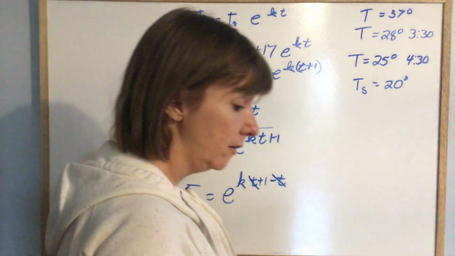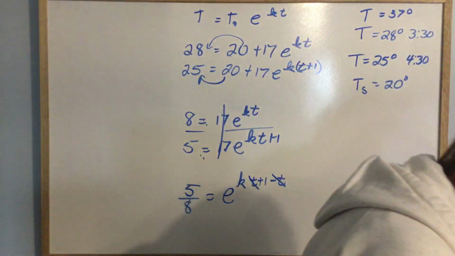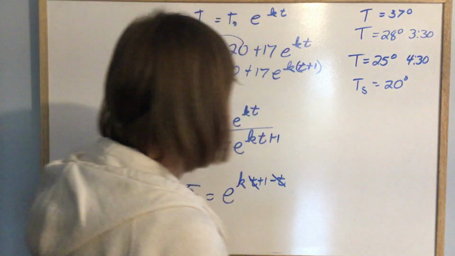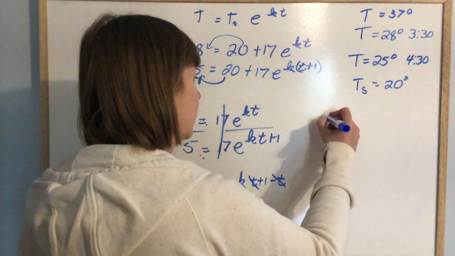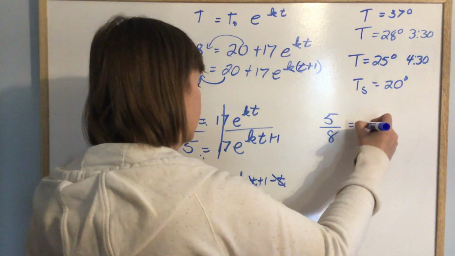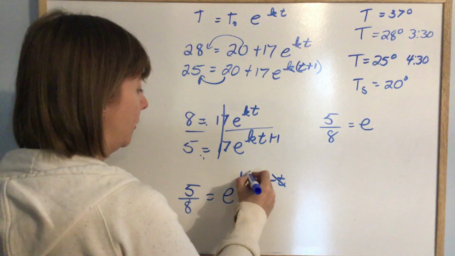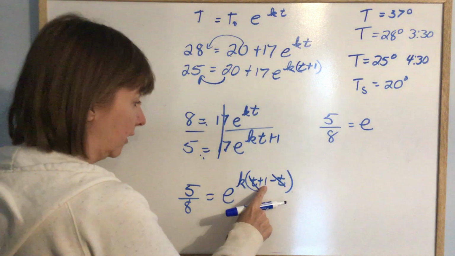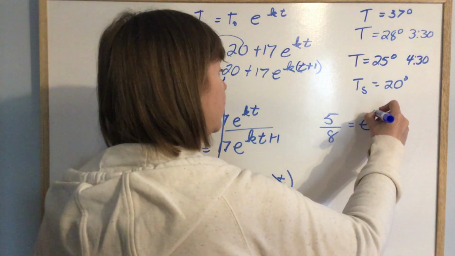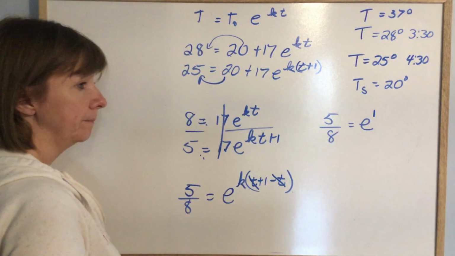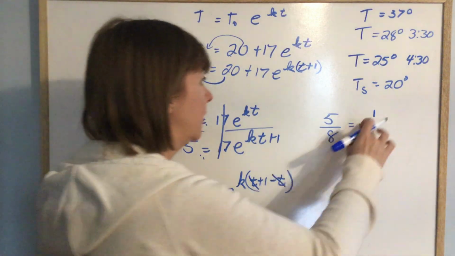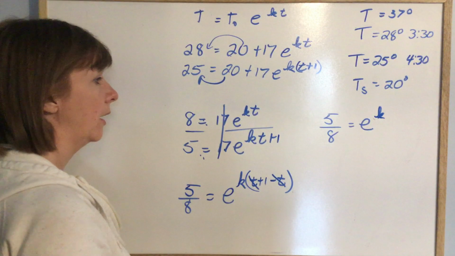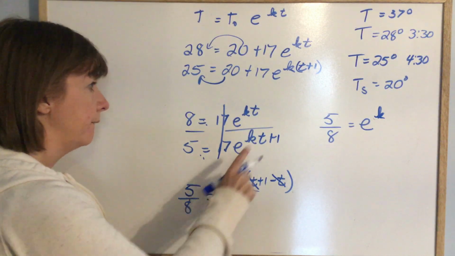So my t's would actually end up canceling, and I would have 5 over 8 e. Now remember, this is multiplying, right? So I would have k times 1. Sorry, not 1. It would just be k. 1 times k. All right. So I have 5 over 8.